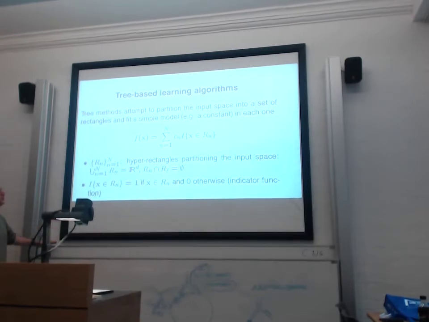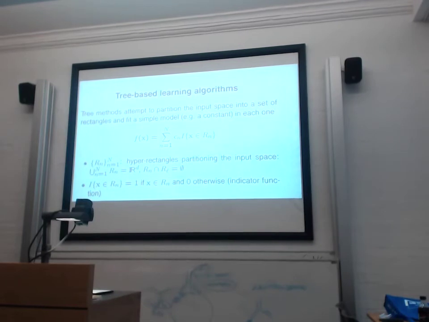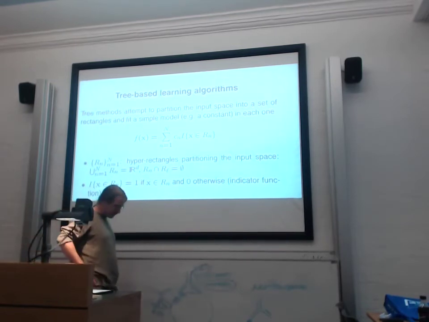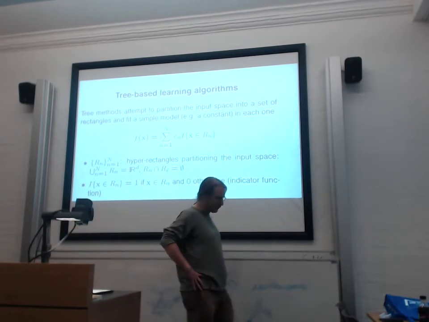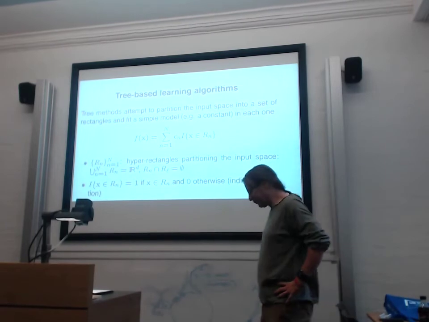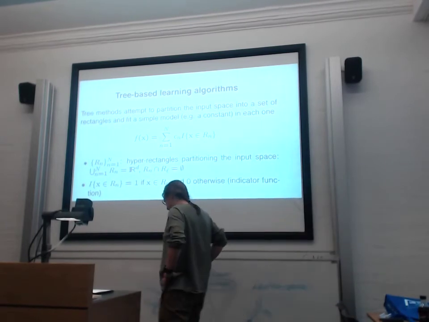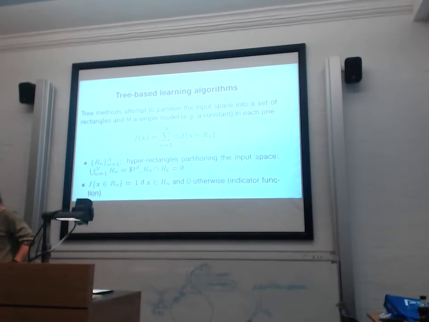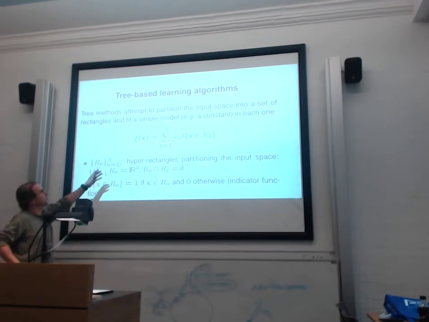We partition the input space into a number of rectangles, and then we have a hypothesis which has one value for each given rectangle. We find out what rectangle a given point we want to classify or regress falls in, and we go ahead and predict with that value. That's simply what we're saying here.